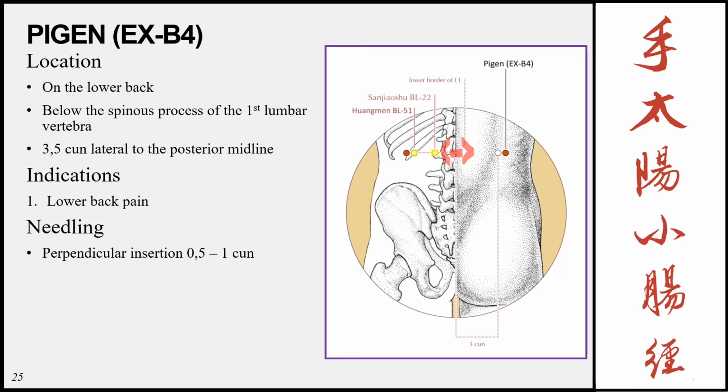Bladder 22 is 1.5 tsun lateral, and bladder 51 is 3 tsun lateral, and Pigen is 3.5 tsun lateral over here. The indications for this point: it is used for lower back pain. Our insertion is perpendicular, 0.5 to 1 tsun.